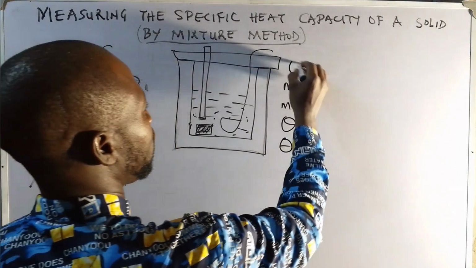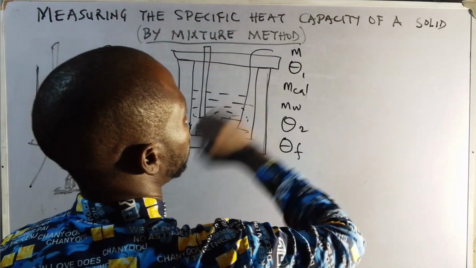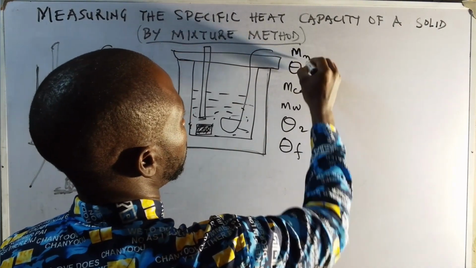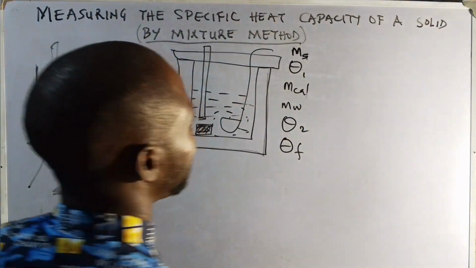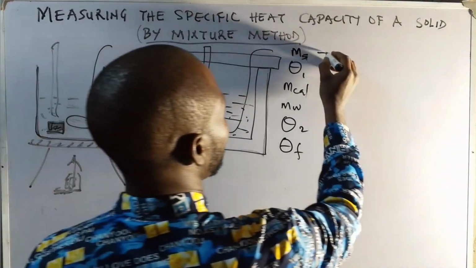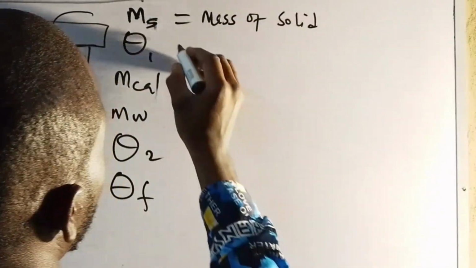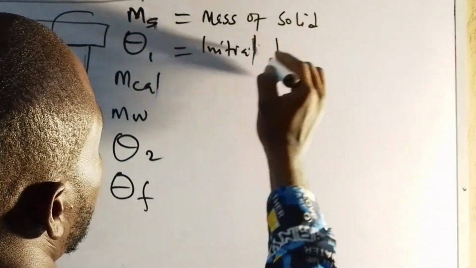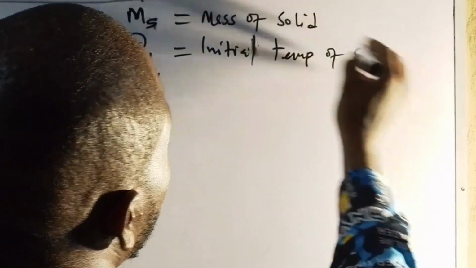So we have theta 1, then we have M, let me put it as MS. That's the mass of the solid, so this is the mass of the solid object. This is the initial temperature of the solid.